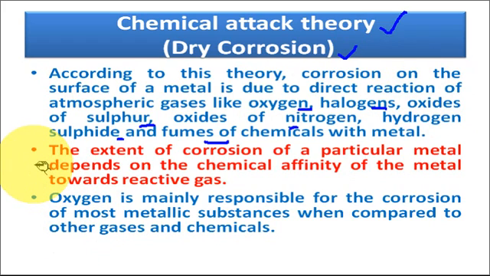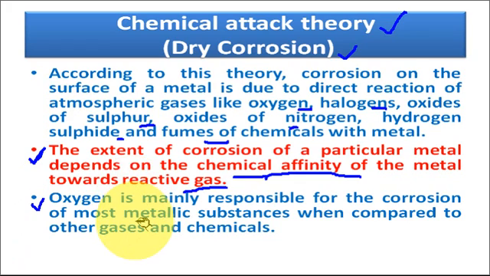In such cases, the extent of corrosion of a particular metal depends on the chemical affinity of the metal towards the reactive gas. That means, when some gases directly attack the metal surface, the extent of corrosion depends upon the chemical affinity between the metal and the attacking gas.